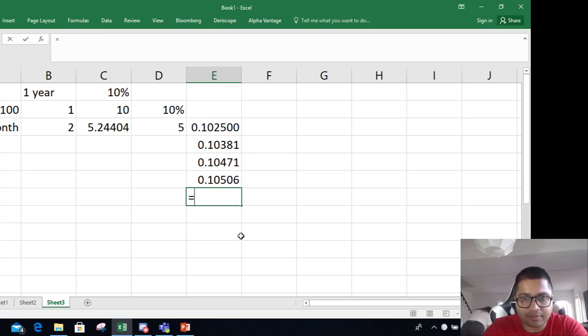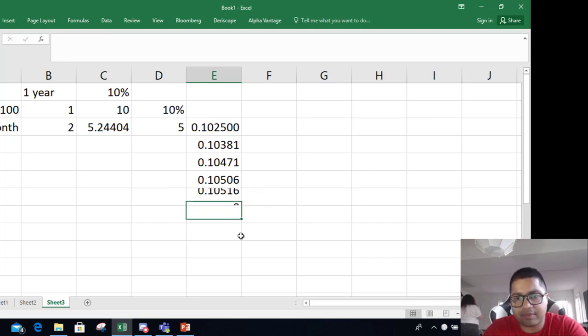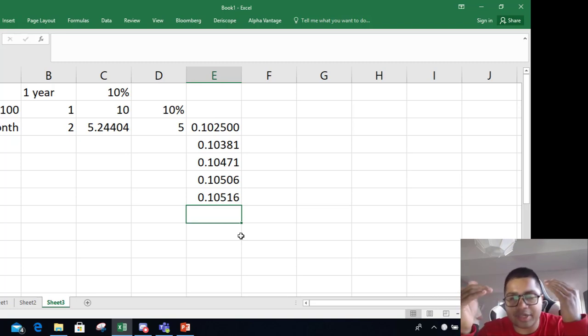Daily, it will be 1 plus 10% divided by 365 days in a year, to the power 365 minus 1. And continuous is, compounding is happening infinitely, so it is happening every second. So it is the theoretical limit on anything.